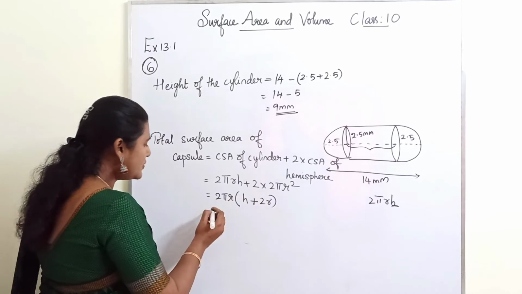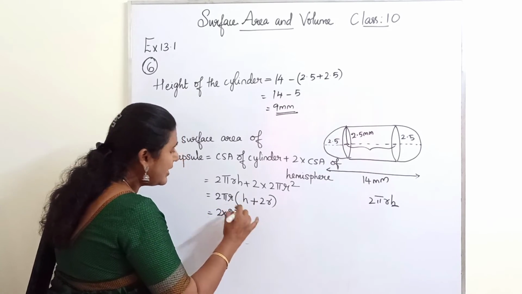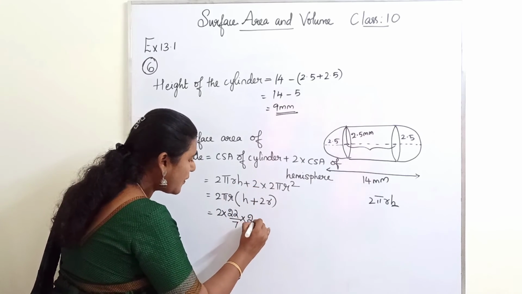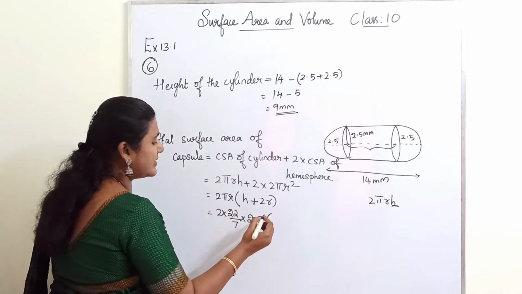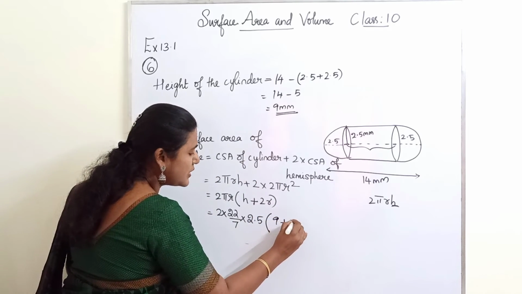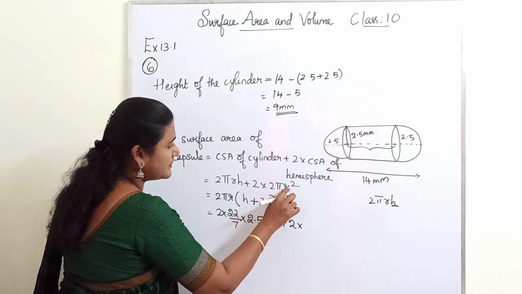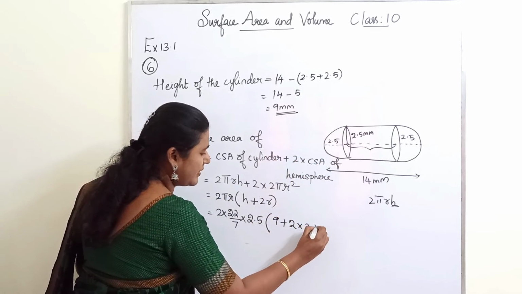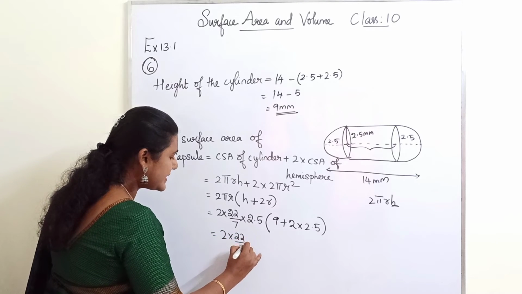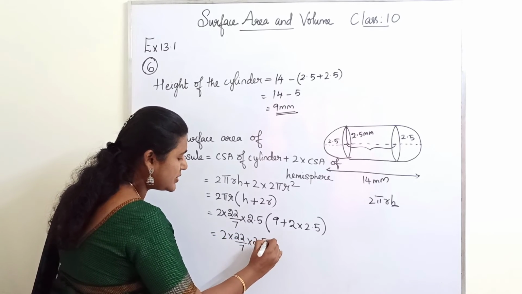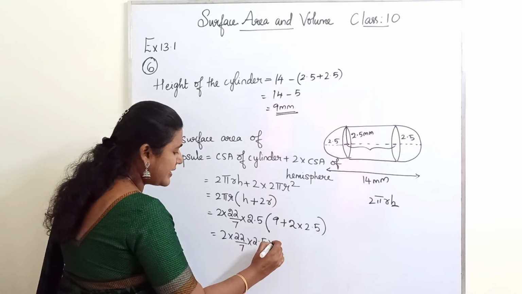So now we are going to substitute. 2 into 22 by 7 into radius, which is 2.5. Height, this h is the height of the cylinder, that is 9, plus 2 into radius of the hemisphere, that is 2.5. So 2 into 22 by 7 into 2.5 into, here 2 into 2.5 is 5, 5 plus 9 is 14.